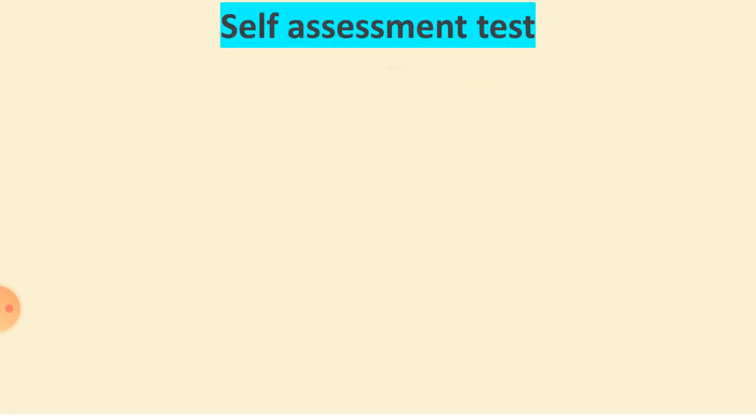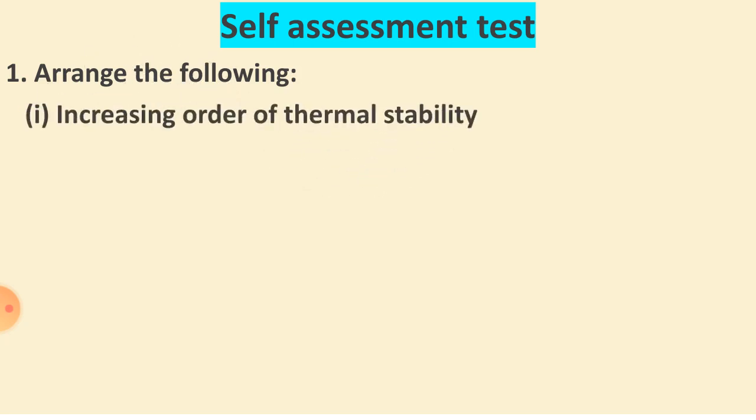Now next, the self-assessment test. This is given for you. So listen to the PPT video carefully and write properly in your notebook, that is your classwork copy, and then try to find the answer by listening to the PPT video. Now arrange the following.